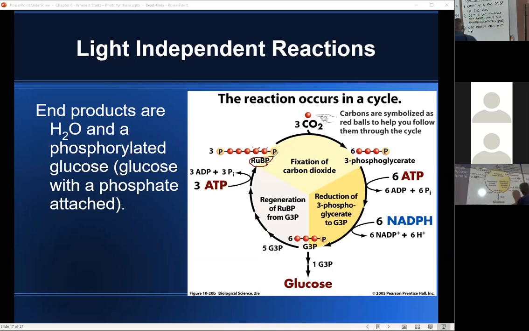So energy from ATP, electrons and hydrogen from NADPH, to reduce phosphoglycerate to phosphoglyceraldehyde.